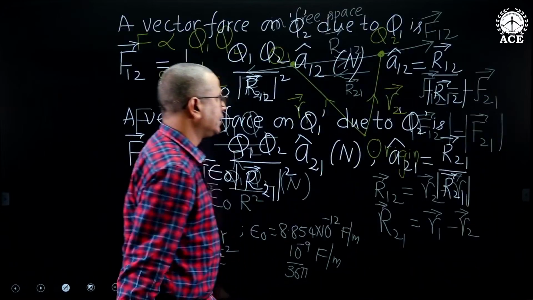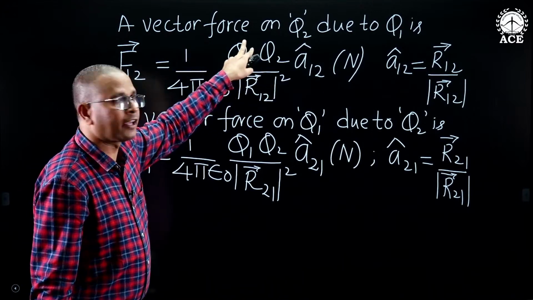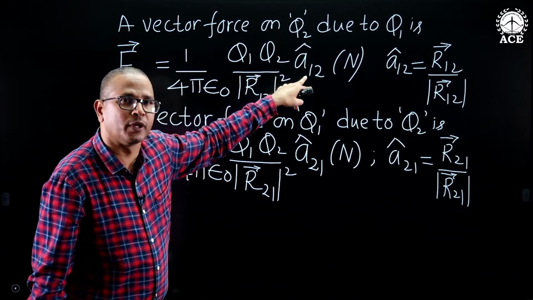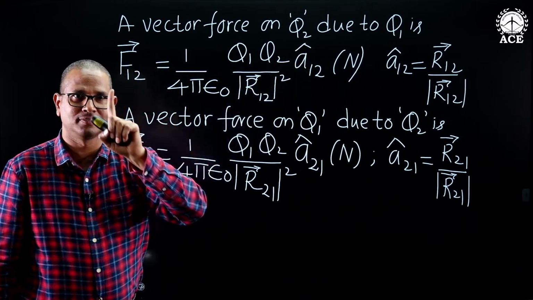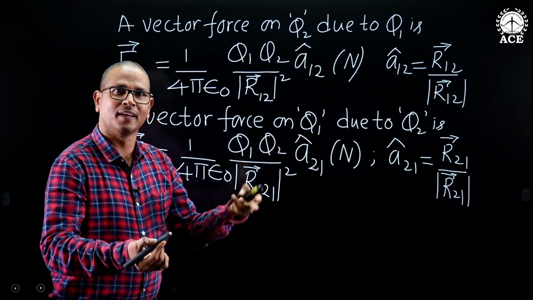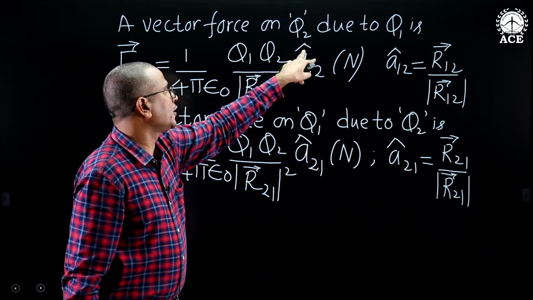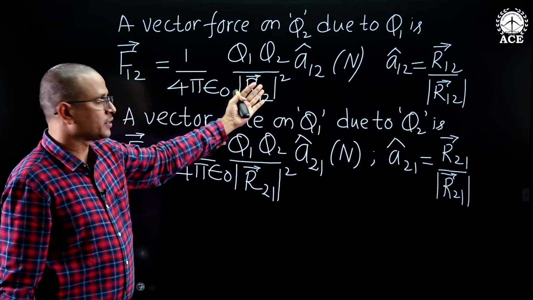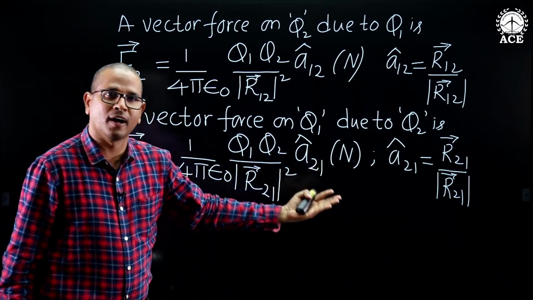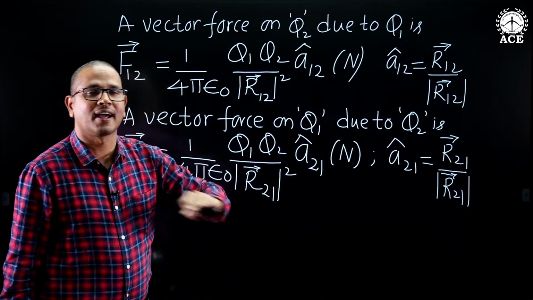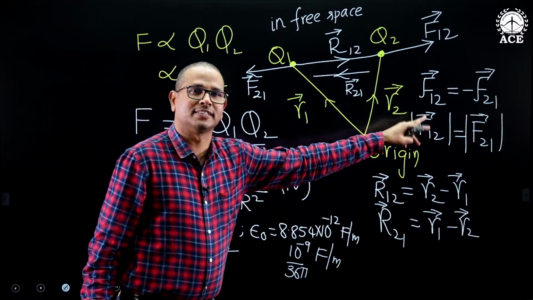How could you tell that? Look at this equation. If you take the magnitude, the rest is a scalar quantity except this unit vector. What is the magnitude of a unit vector? 1. The name itself has a meaning. A unit vector is a vector whose magnitude is always unity. If you take the magnitude, you get mod R12 square, where mod R12 is equal to mod R21 because displacement magnitude doesn't have any direction. Then their force magnitudes remain the same.